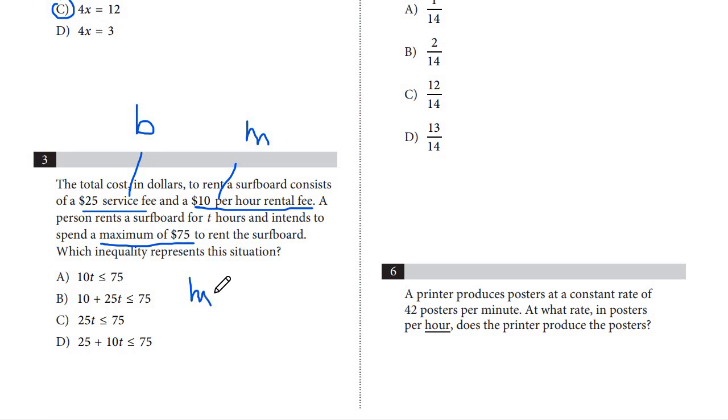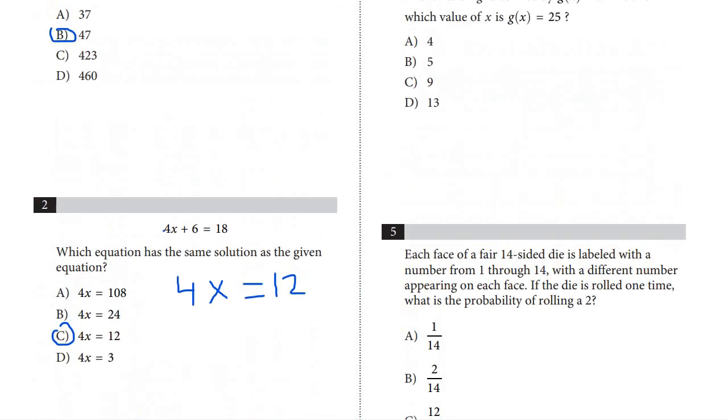So if you just plug those values into your formula, you're just going to have 10x plus 25, and it says a maximum of 75. That means no more than 75, and that looks like it's option D. Okay, scrolling up, number 4.